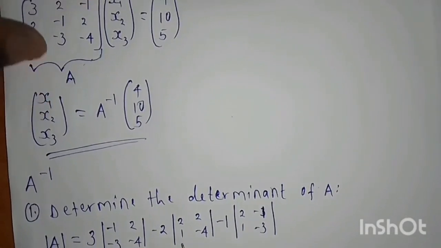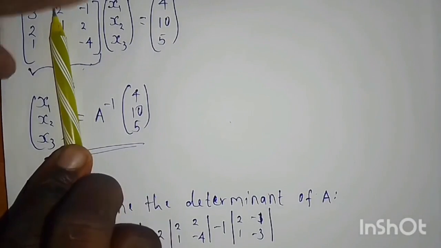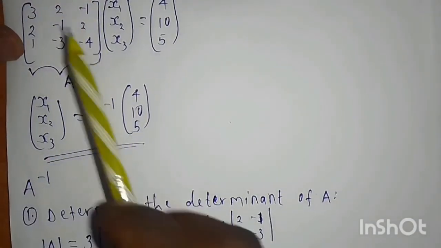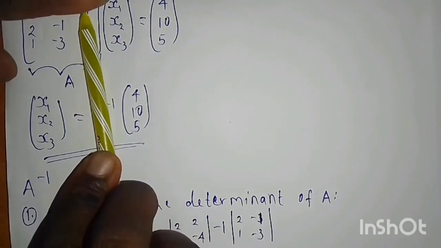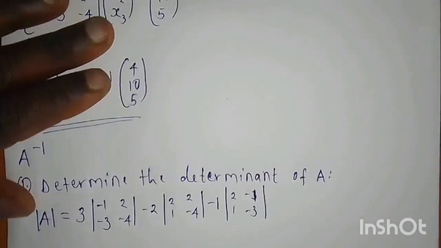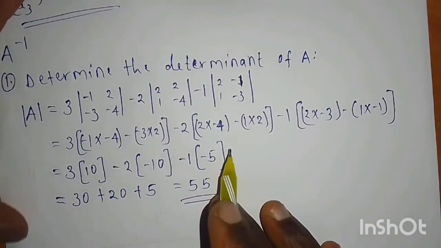Then you take minus 2, multiply by the determinant of this matrix. Then plus minus 1, multiply by the determinant of this matrix. So we find our determinant is 55. That is step 1.